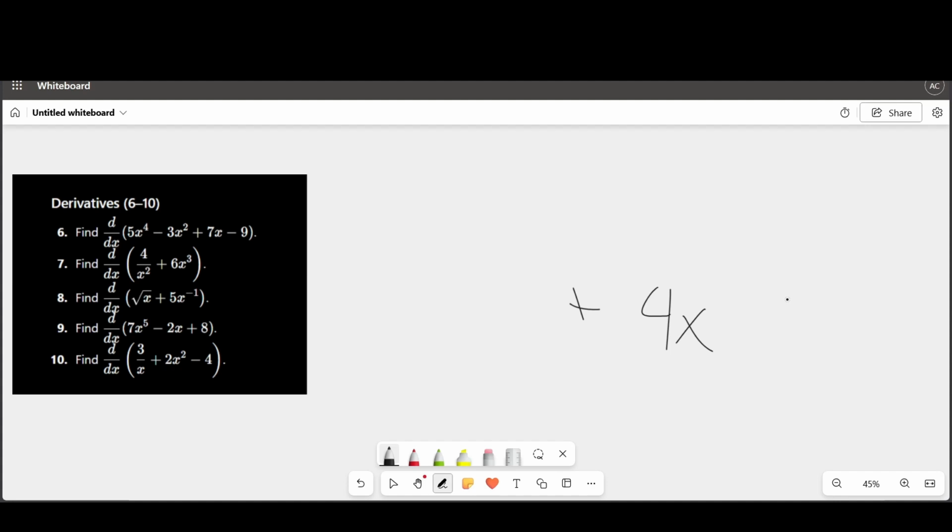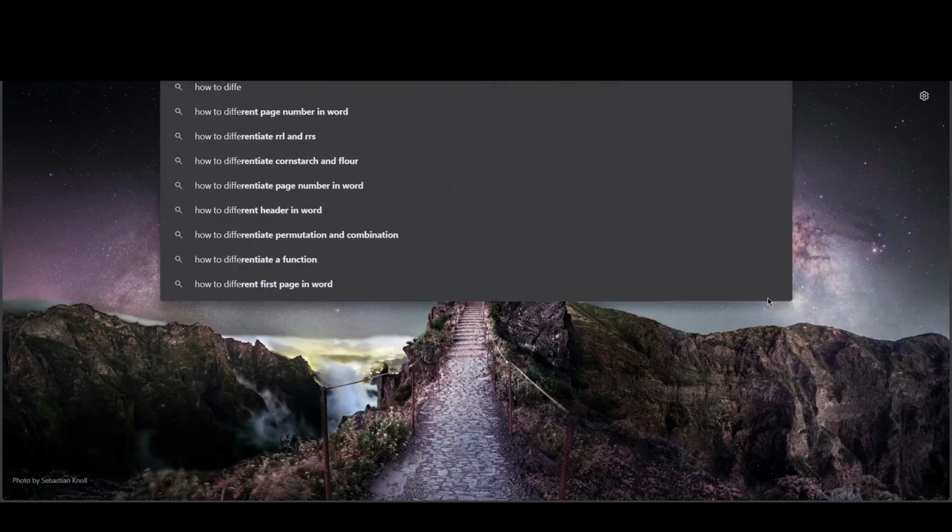The only problem is I don't know how to solve this 3 over x. How do I differentiate? Let me just find an example on Google. I don't want to rely on ChatGPT that much in solving this. Differentiate fractions with x on the bottom.